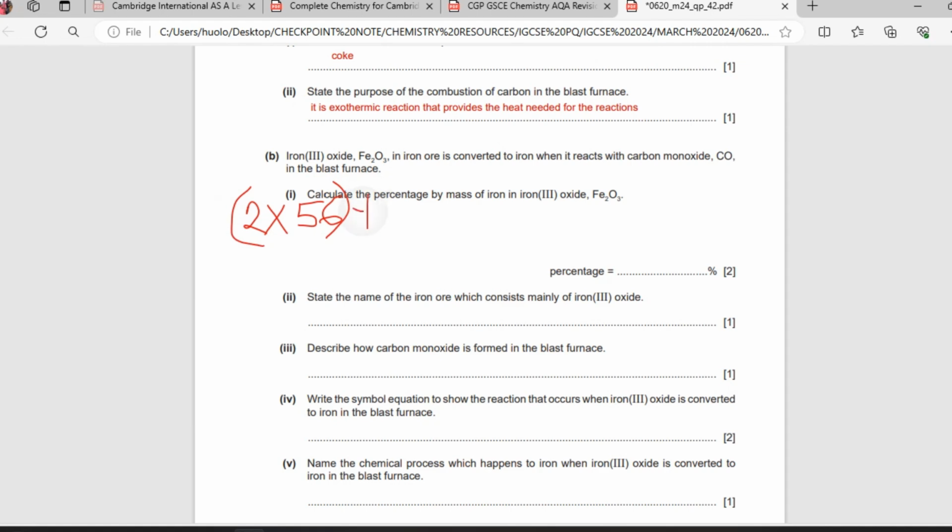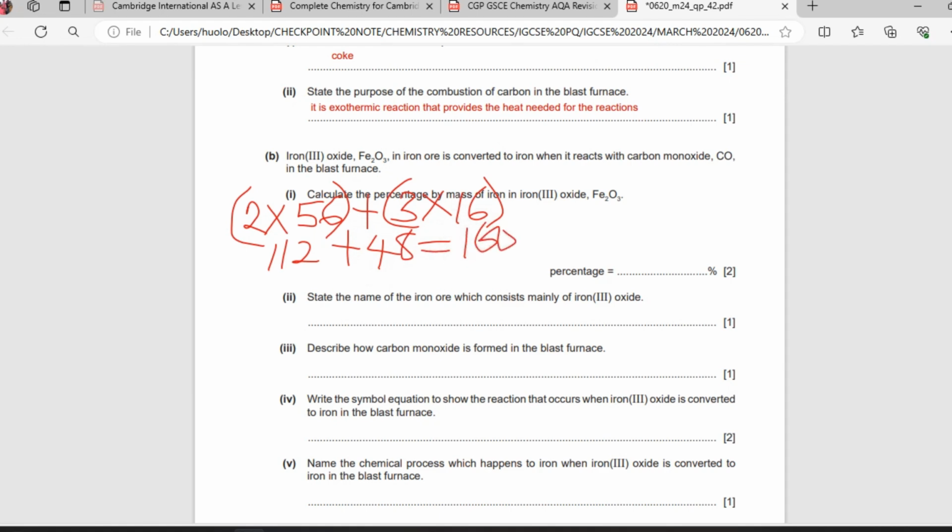Now you add that to the number of atoms of oxygen. The number of atoms of oxygen is 3. Multiply it by the Ar of oxygen, which is 16. So if you do this, 2 times 56, you get 112. You add it up to 3 times 16, which is 48. Everything adds up to give you 160.